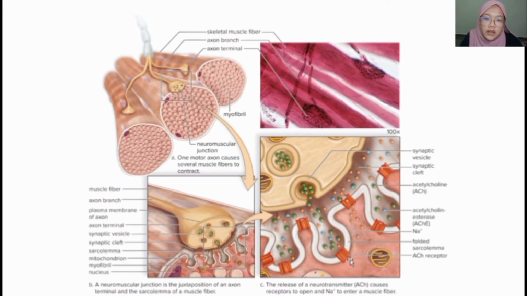And we also have a new one, which is the ACH receptor, which makes sure that the nerve impulse will propagate between the nerve and muscle. And here we can see there's also the folded sarcolemma, which will increase the surface area and increase the efficiency of the synapse. And that's all from me. Thank you.